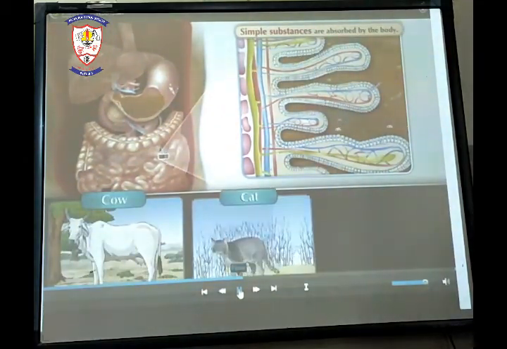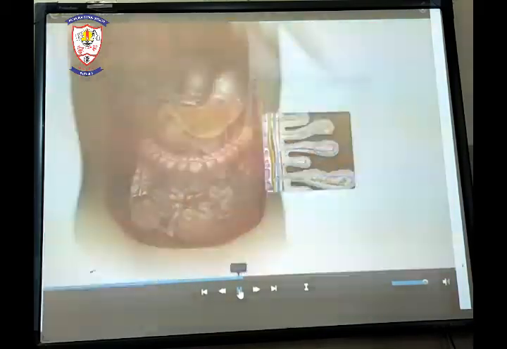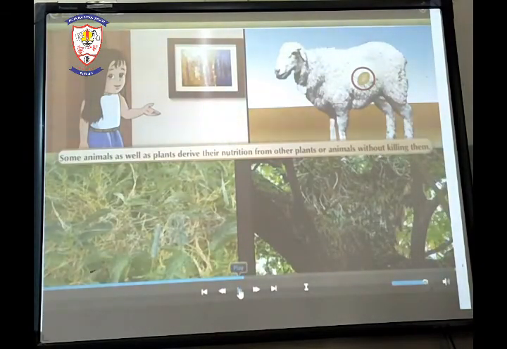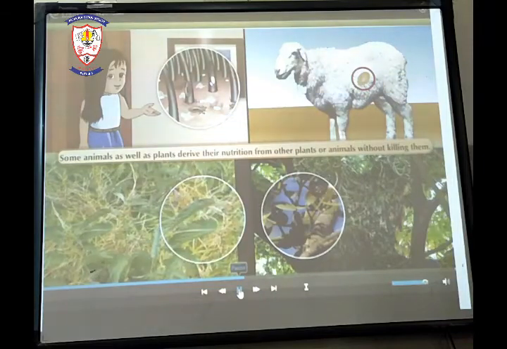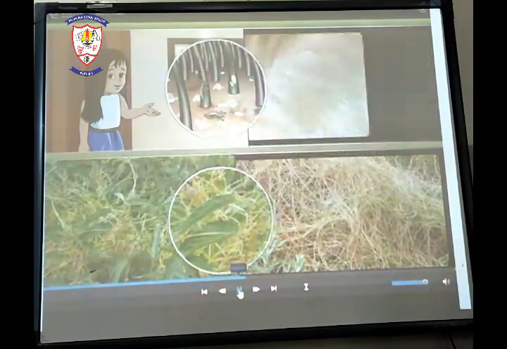Animals like cow, cat and even human beings show this type of strategy for nutrition. Some animals as well as plants derive their nutrition from other plants or animals without killing them. However, they might harm the host plant or the host animal in this process.